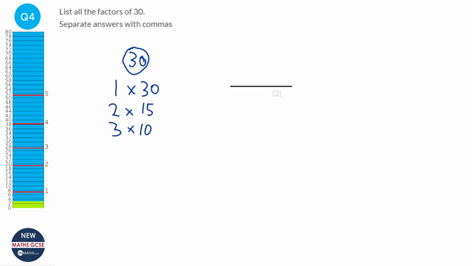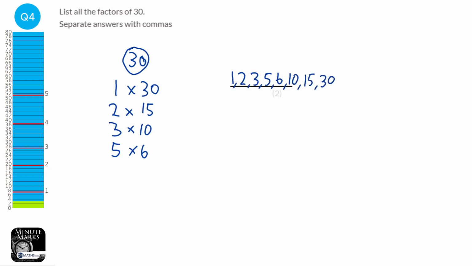Now 4 doesn't go because 30 is not in the 4 times table. 5 times 6, and we notice that if we pick 6, it's just going to be 6 times 5, just the opposite. So the factors are all the numbers that we've just written down: 1, 2, 3, 5, 6, 10, 15 and 30.